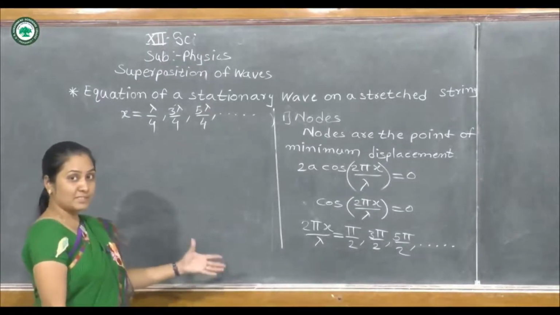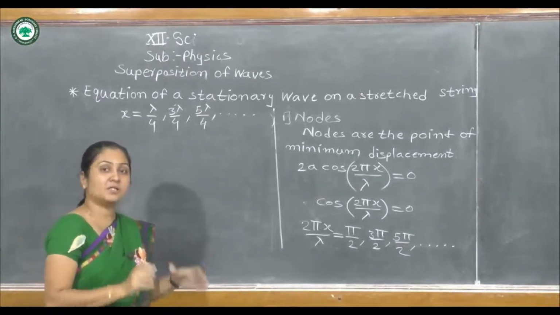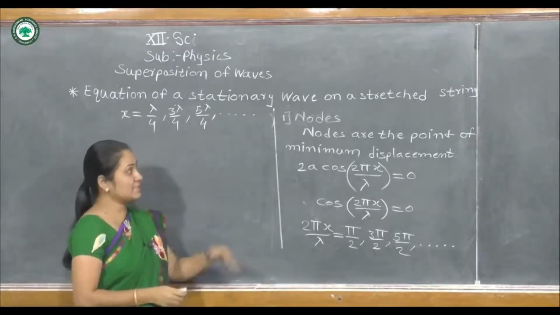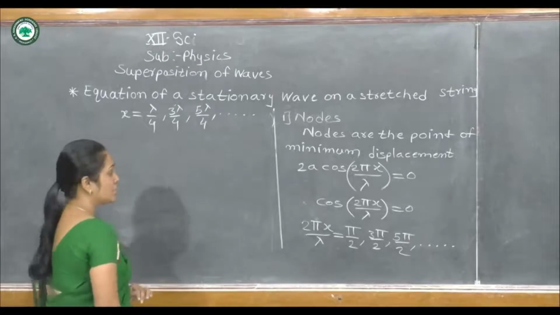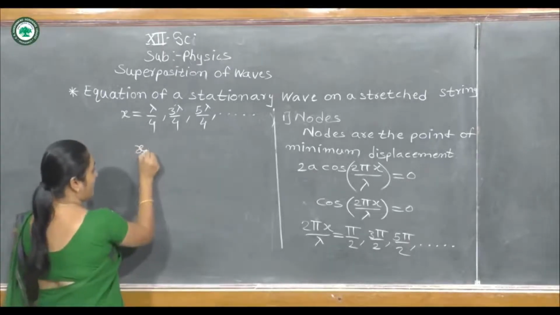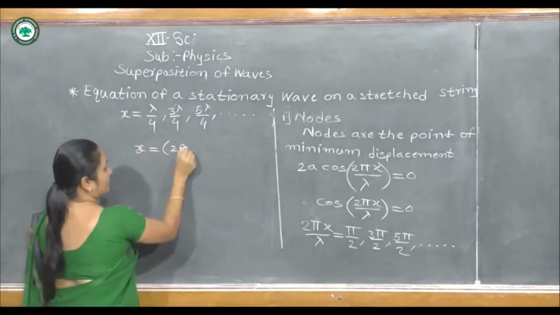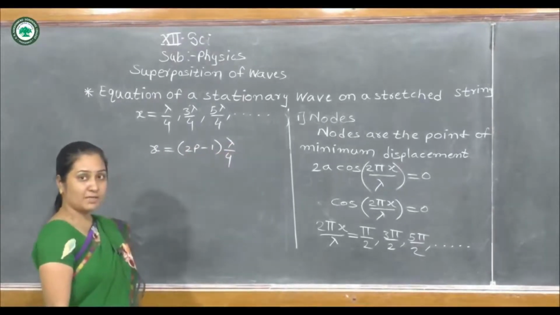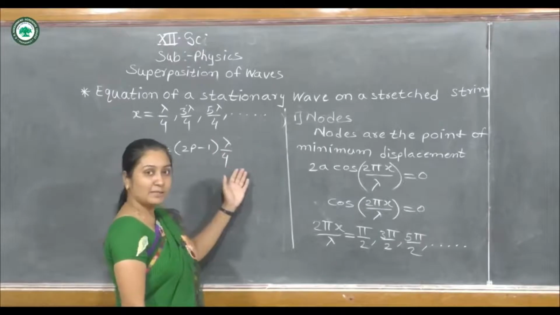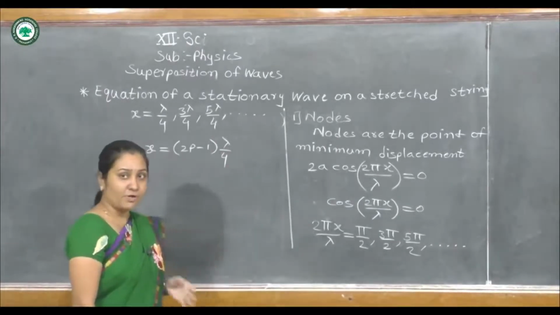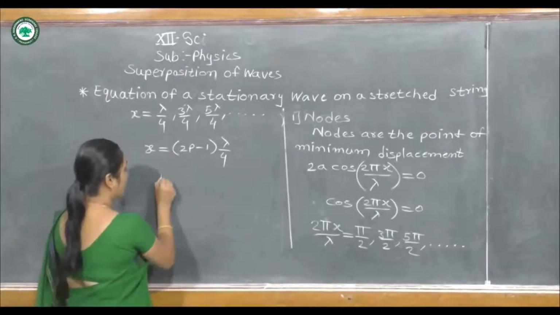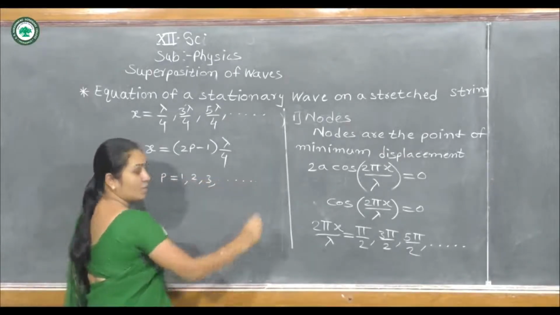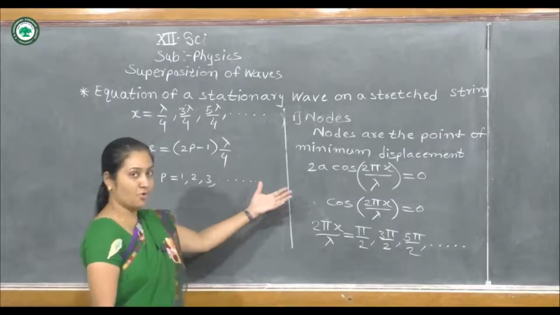So from this we can write the general equation for displacement x in case of nodes. It is given as x equal to (2p minus 1) lambda by 4, where p equal to 1, 2, 3, 4 and so on.